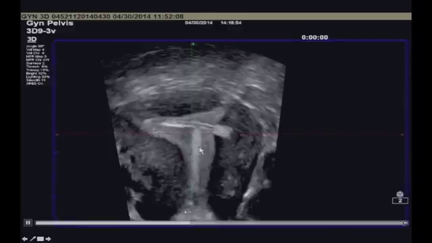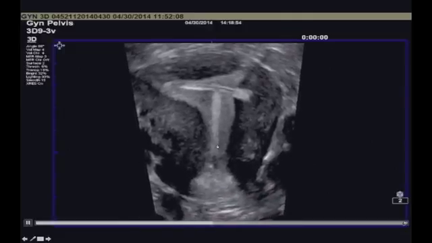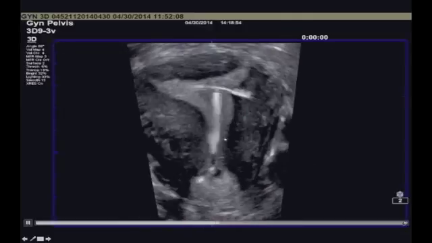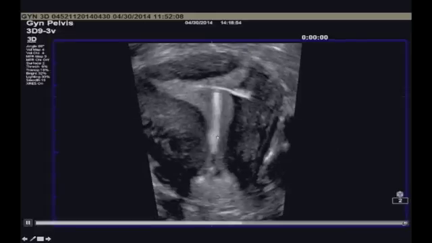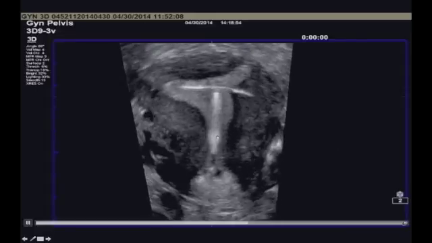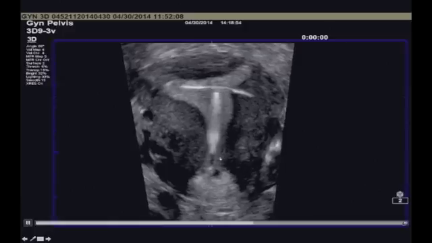And then we can enlarge it and we can manipulate the image by rotating in both the X and Y planes so that we can see this entire IUD on one image, which we will see in just a second here. Voila.